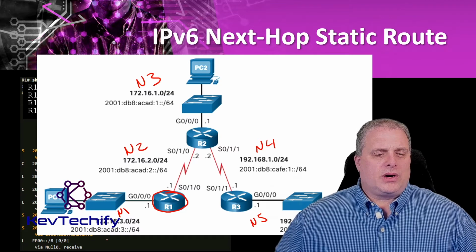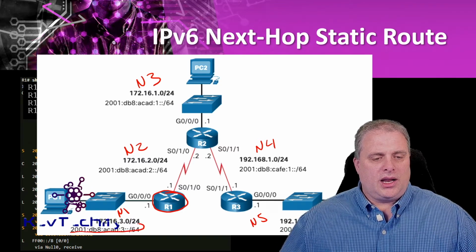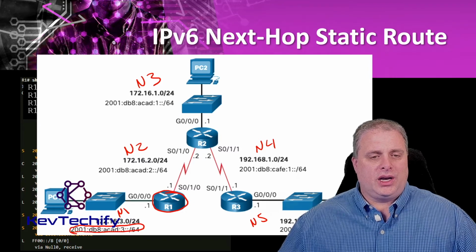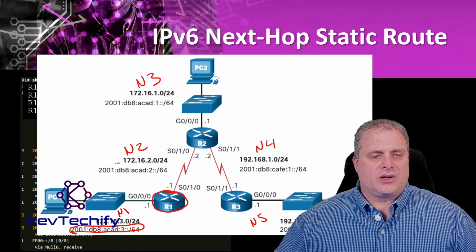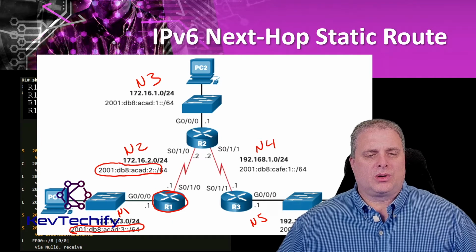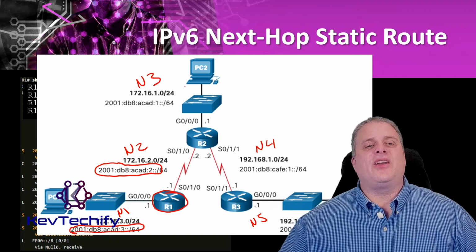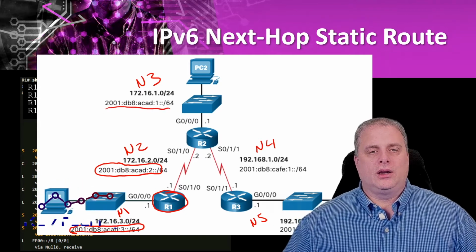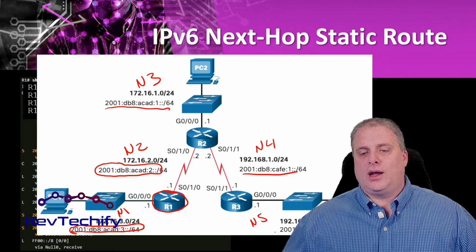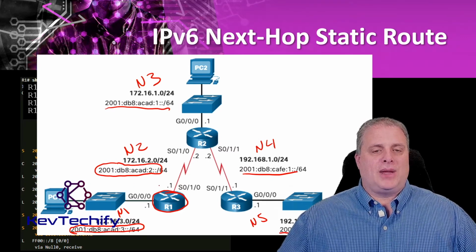Router 1 knows about these 2 directly connected networks, 2001:DB8:ACAD:3 and 2001:DB8:ACAD:2. It knows about these 2 networks that are directly connected, but to get to the other networks, network 3, network 4, and network 5, they all have to go through that next hop IP address.